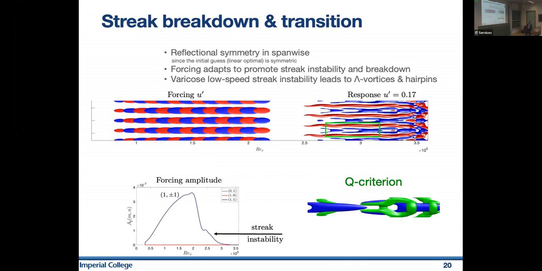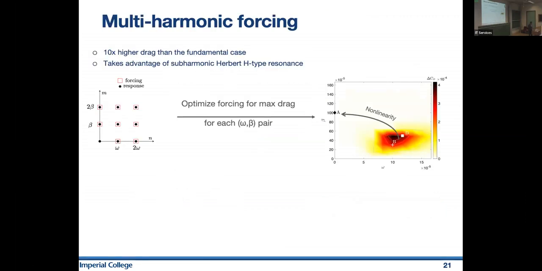And if I plot with the Q criterion on top of my low-speed streaks, I can see here the presence of hairpin vortices during this transition to turbulence. This problem was really expensive, and I want to emphasize that we imposed reflectional symmetry in the spanwise direction, and later on I will show you results also without the symmetry.